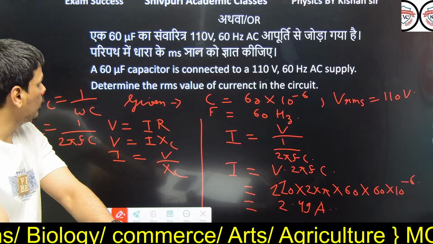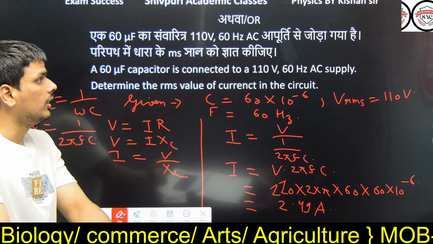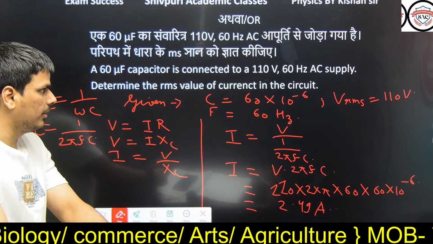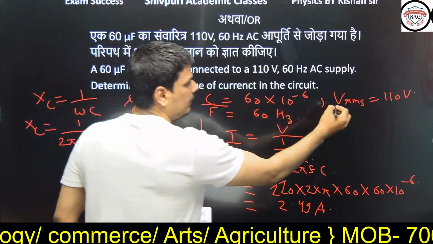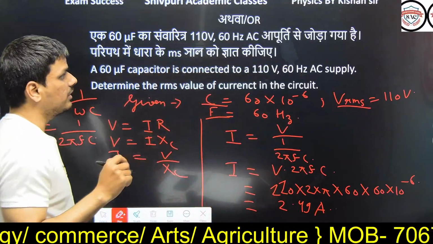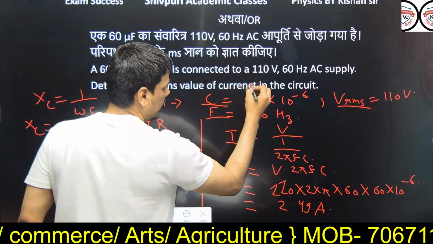Okay, again look at the question. A 60 microfarad capacitor is connected to a 110 volt, 60 hertz AC supply. Determine the RMS value of current in the circuit. So we are given capacitance, V RMS and frequency. We just need to calculate the current in the circuit. There is a spelling mistake in the word current.